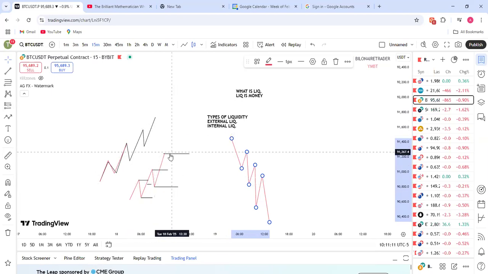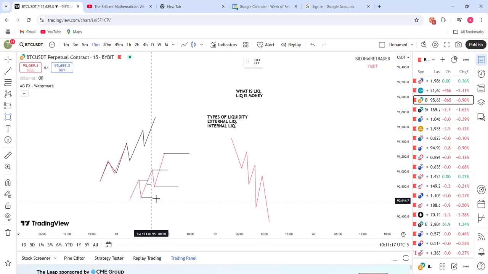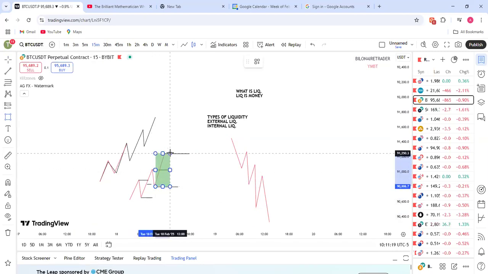So from here to here is a new range, right? This is a new range. Let me see. So we have from this point to this point. That's a new range. When market begins to reverse and then come down, it comes down until it takes an internal liquidity.